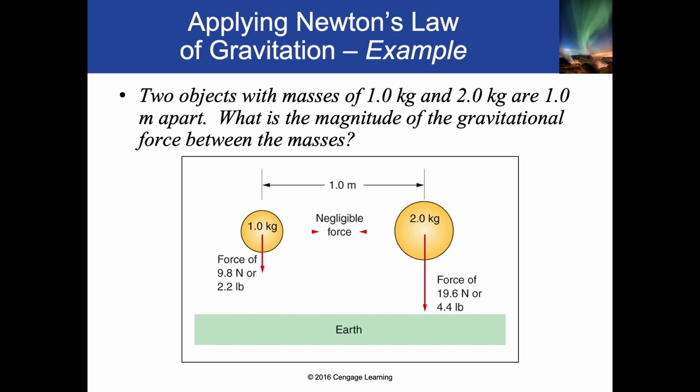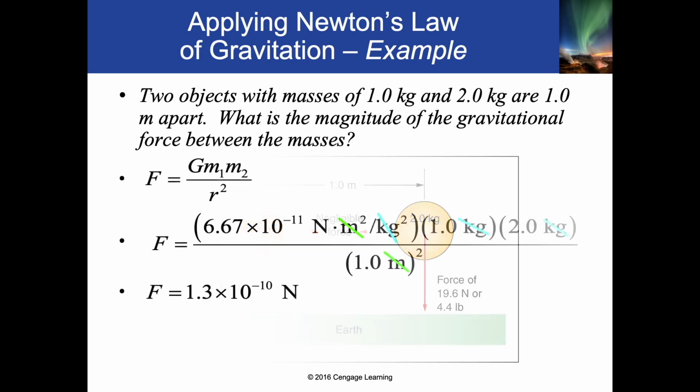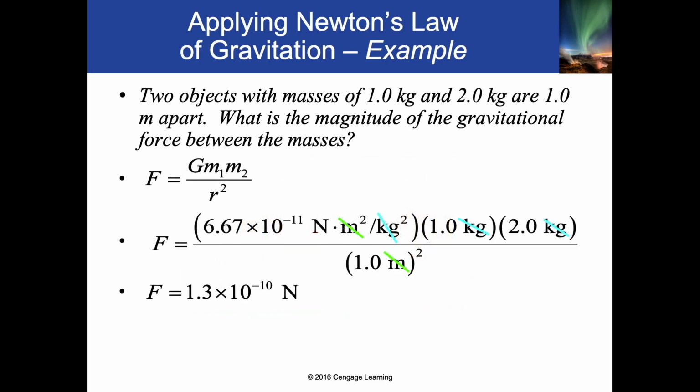Of course, we have the distance, and we have our two masses. That's actually all we need. We actually don't need the gravity at all because the equation doesn't even ask for that. So to do this problem, it's actually very simple. All we have to do is use this equation that we just talked about.